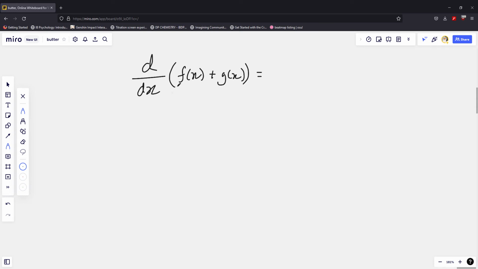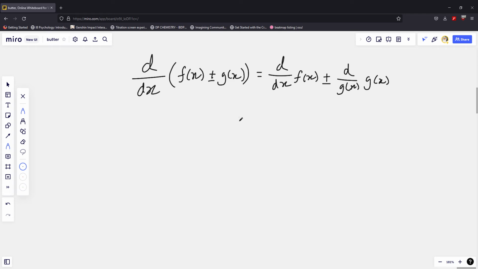We can take the derivative of f of x and add that to the derivative of g of x. This is a property of derivatives, and you're allowed to do this. And of course, you're allowed to do this with minus as well.